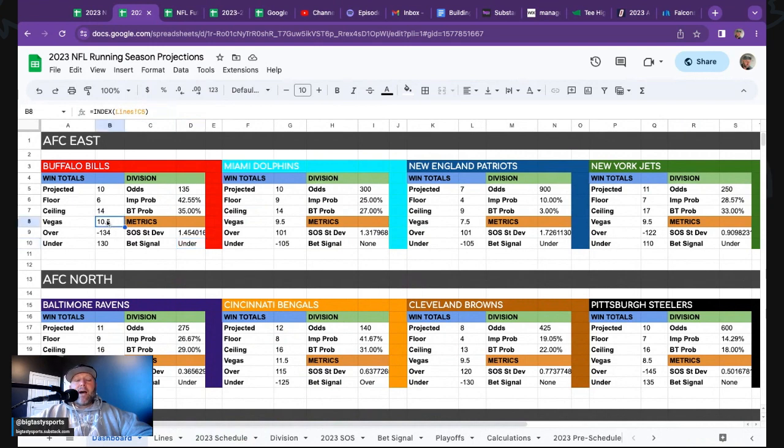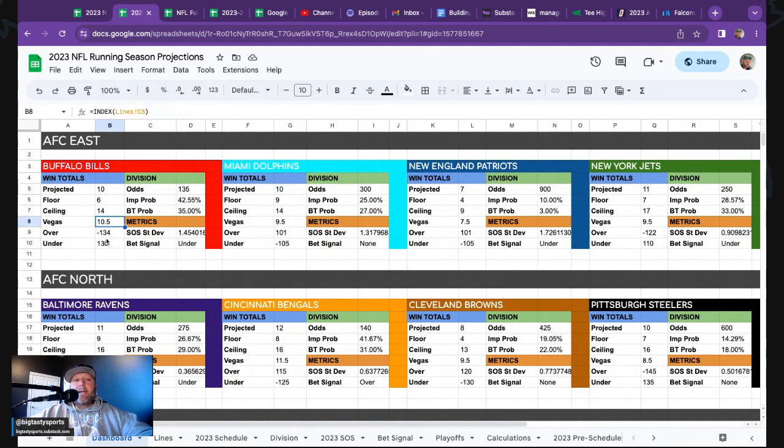Underneath that, I have where their Vegas wins are right now, what the sportsbooks have. And then I have an over and an under. Certainly if you can find places out there that are updating these every minute, let me know about that, because I haven't really found that for futures betting. If you do, I would love to see it.